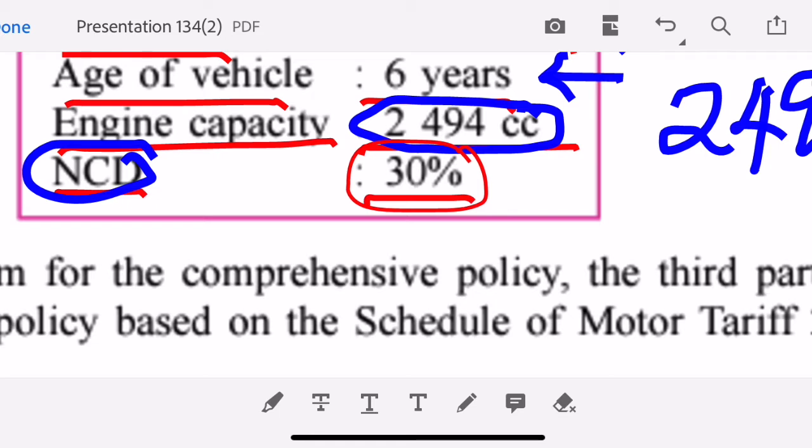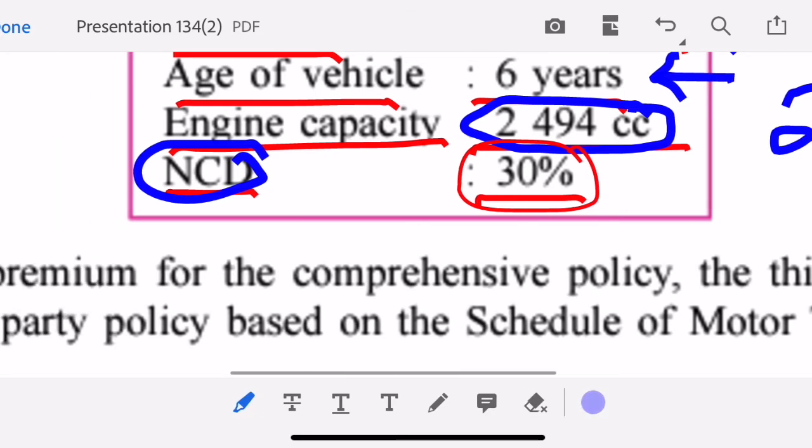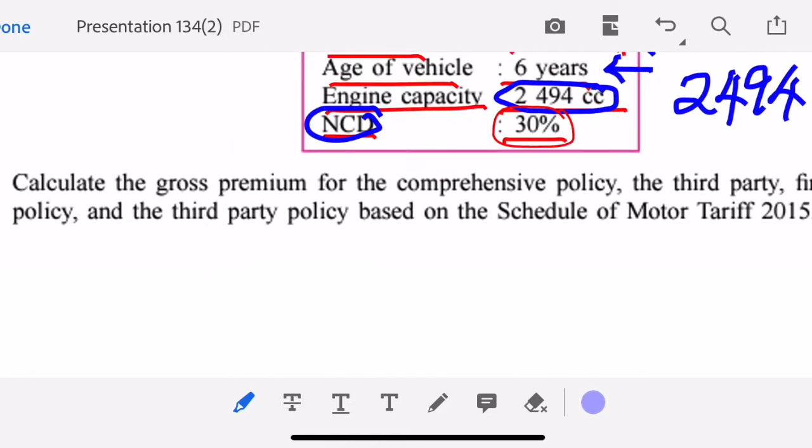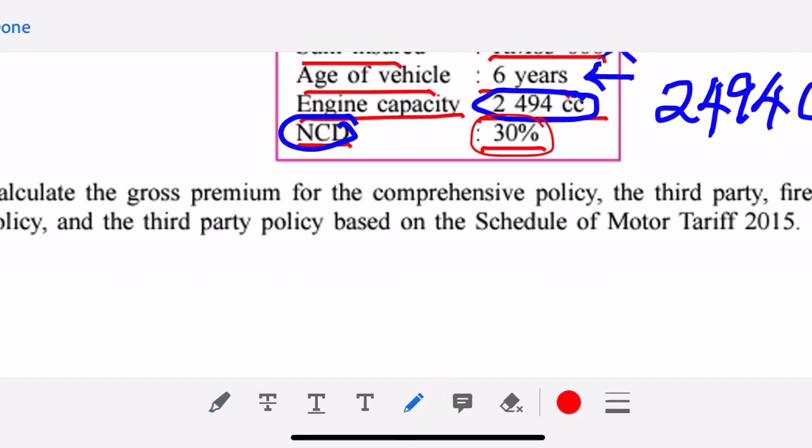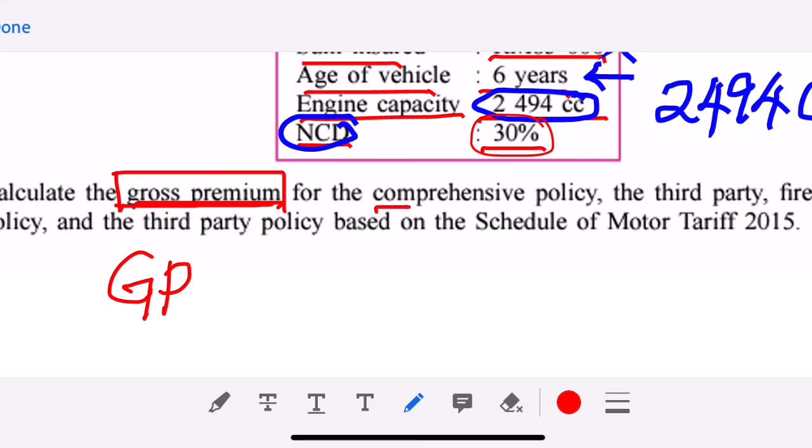Okay, all right. So now let's do the calculation. Calculate the gross premium. In order to calculate the gross premium, we call it GP.